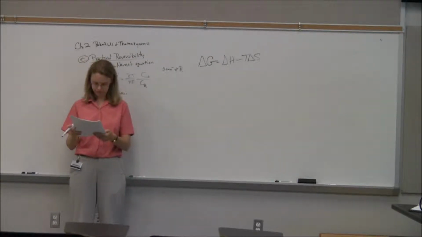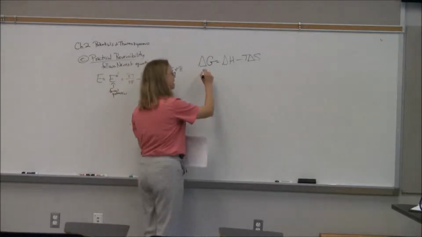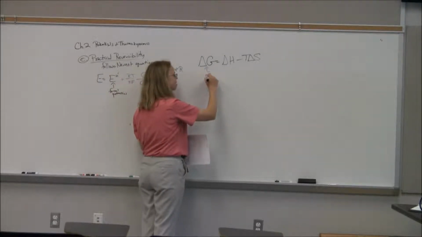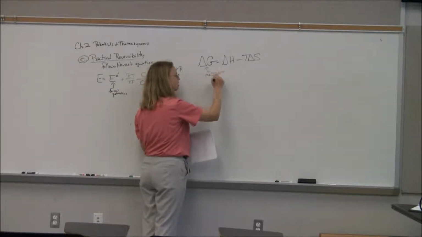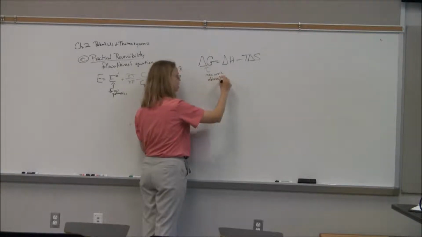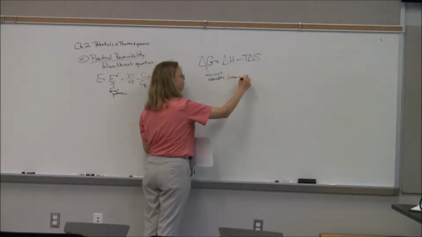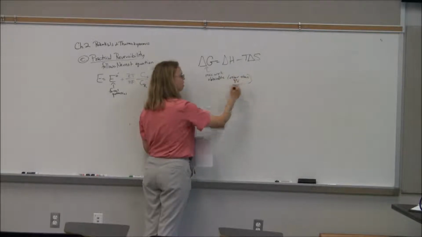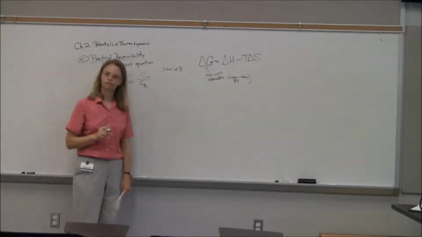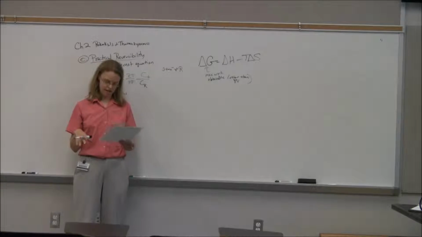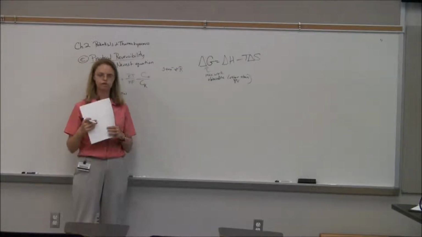So what's delta G? That's Gibbs free energy. It's the maximum work obtainable, other than PV work, where PV is pressure-volume. So that's the maximum work attainable from the system. And that's the definition you learned.